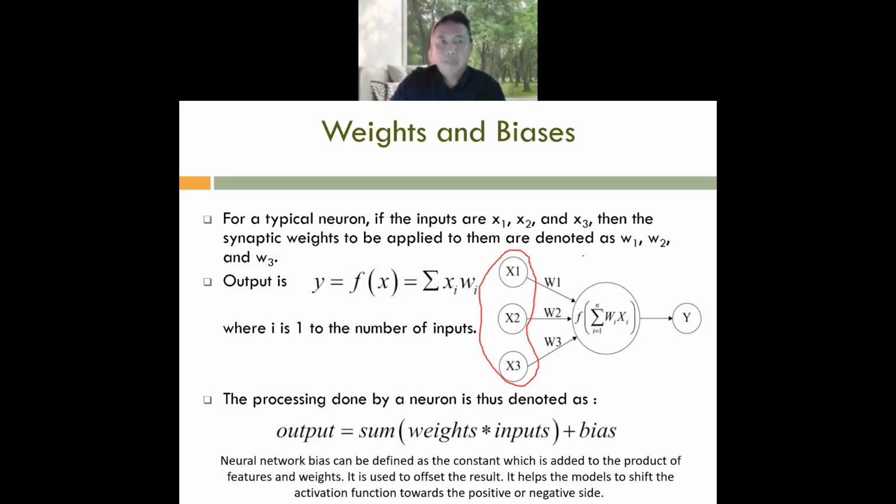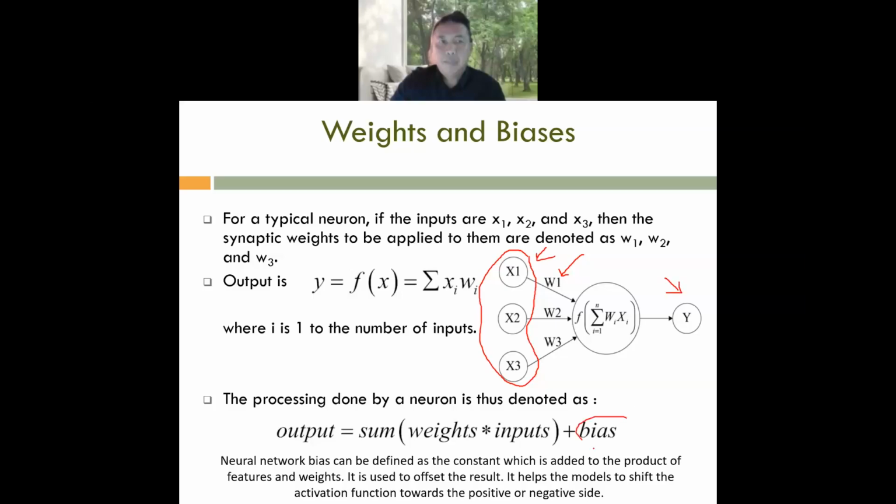Each input will have its own weightage. So during the training session, the weight will be estimated so that given the input here, it will match the given output that you have. So it learns your input, and it also learns the weightage so that it will map to the actual output that we have.